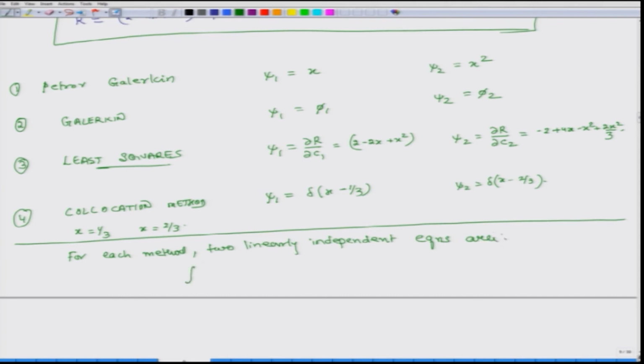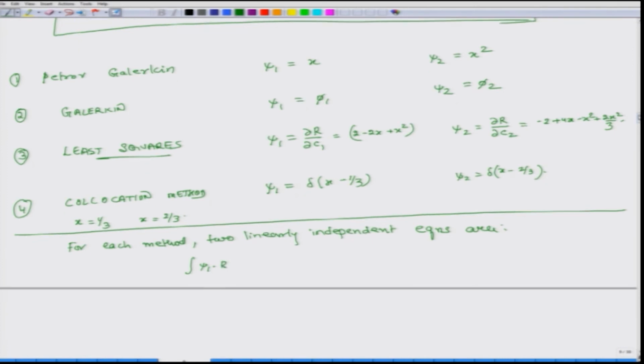The first equation is psi 1, which I can pick based on the method, times the residue r, integrated from 0 to 1, which is the domain of our interest, dx, and this is equal to 0.